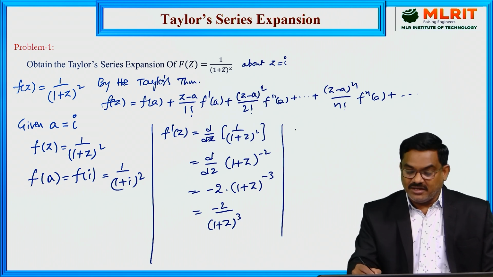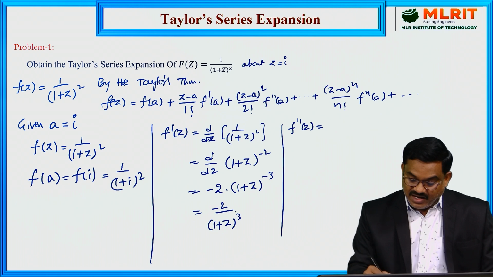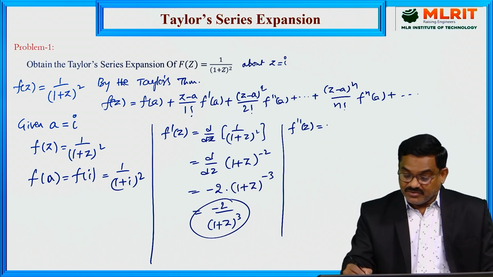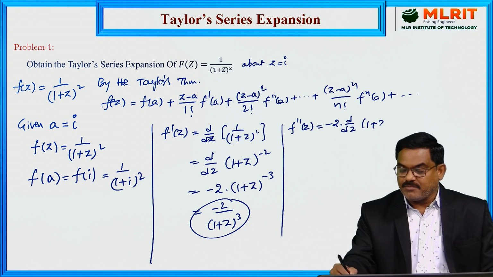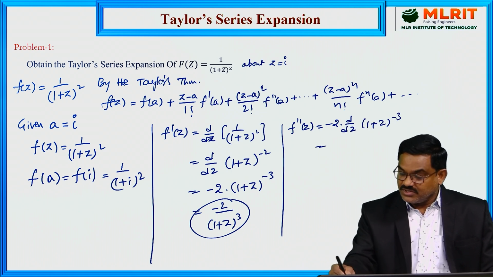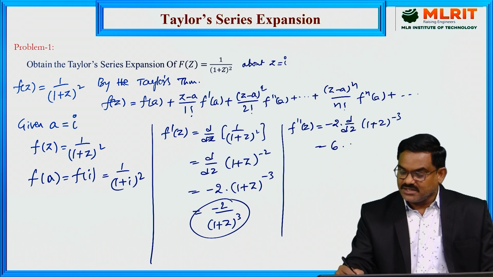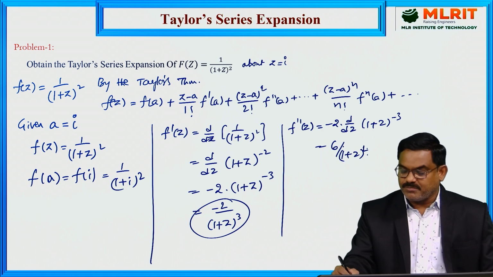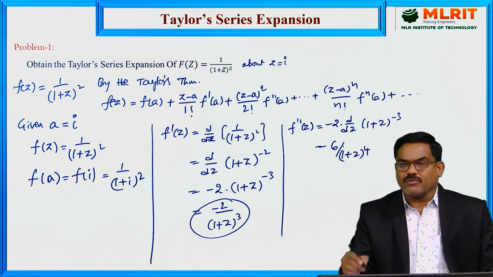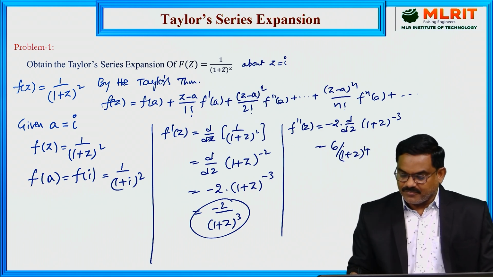Similarly, we can calculate the second derivative. Again we differentiate this: minus 2 into d by dz of 1 plus z power minus 3. The minus 3 comes here, giving plus 6 by 1 plus z power minus 4, which is plus 6 by 1 plus z whole power 4.